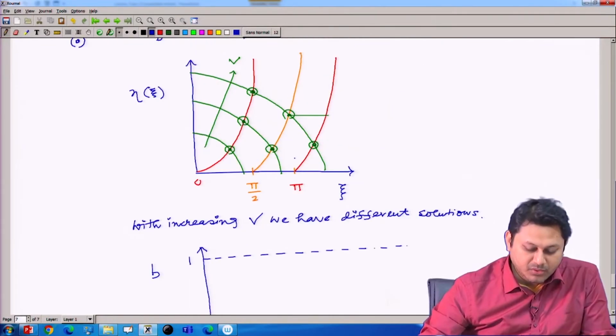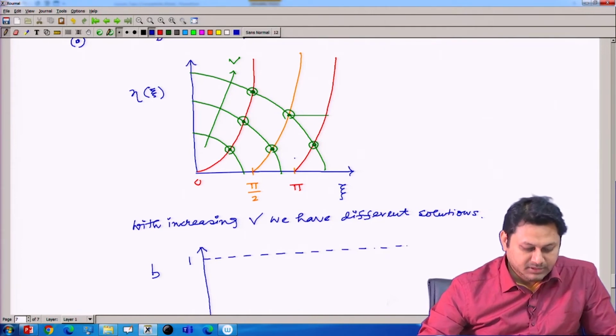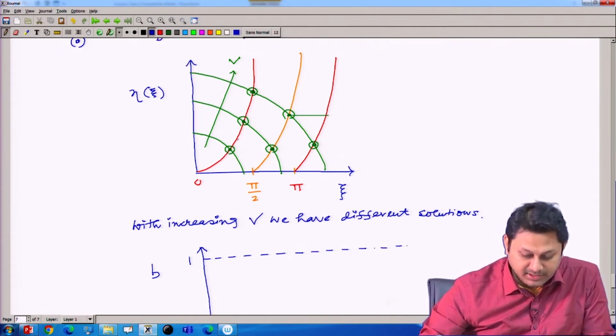So, for m equal to 0, that means only this set of curve. So, this is my fundamental mode. That is why I write it m equal to 0.